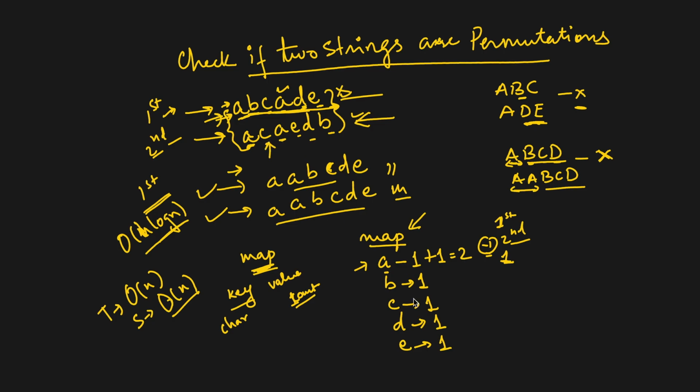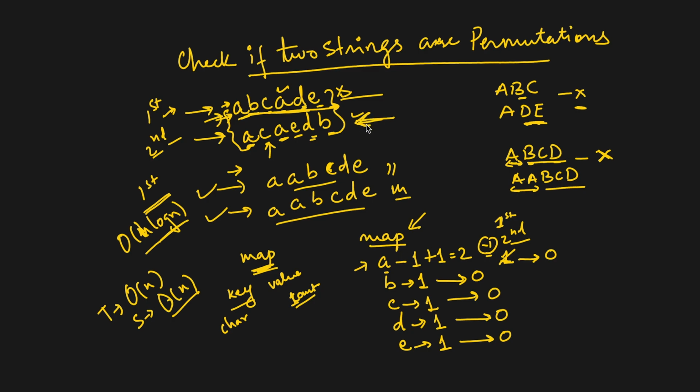Then c. The count of c is 1, so we'll reduce it to 0. And then a again. Right now the a count is 1, so we'll reduce it to 0. Similarly e will be reduced to 0, then d and b, each reduced to 0.